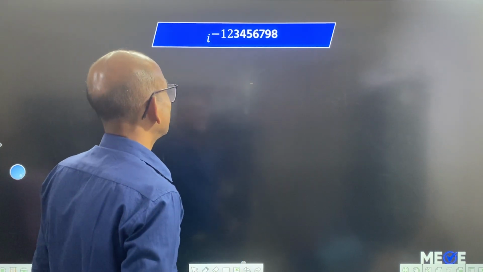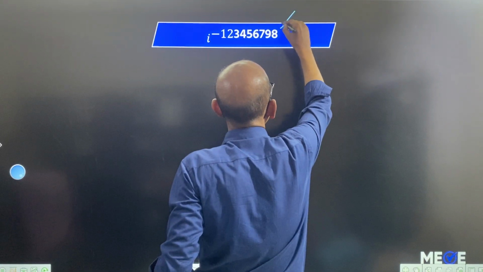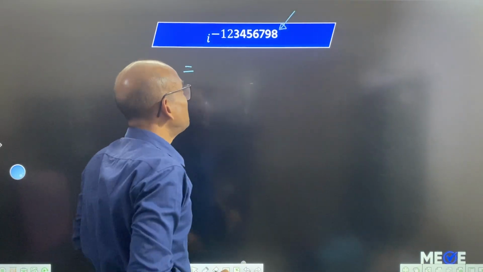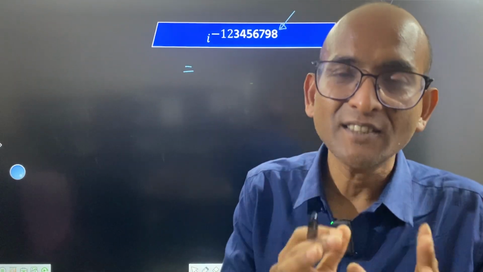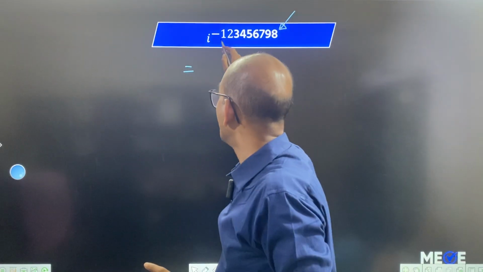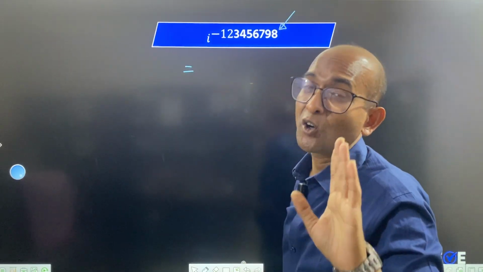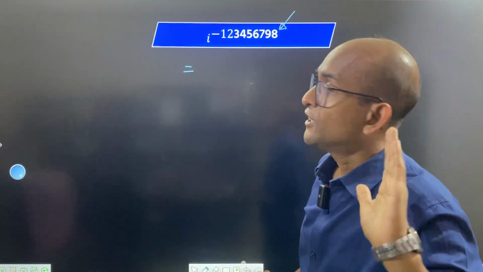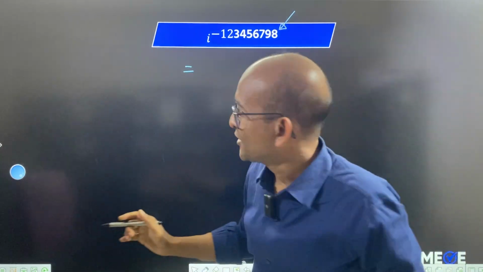Wow, there is another negative number, but the last digit is an even one. So mind it, if the last digit is an even number in case of the number being negative, if the last digit is 8 or any even digit, you just vanish that minus sign, you just eliminate it, remove it or omit it.